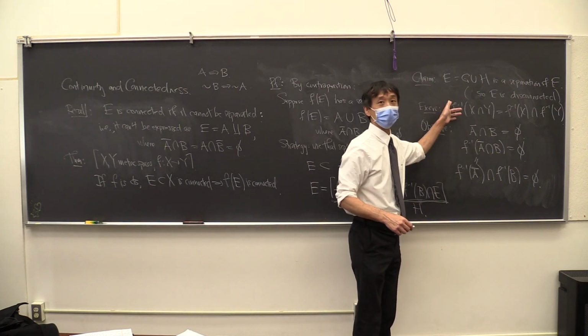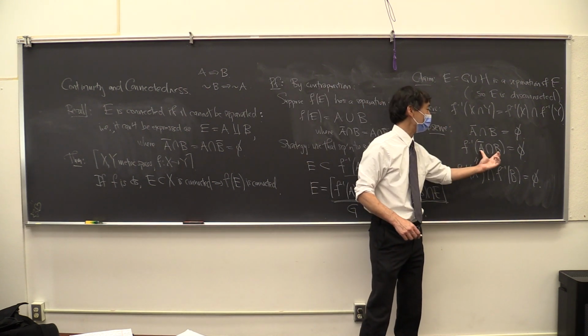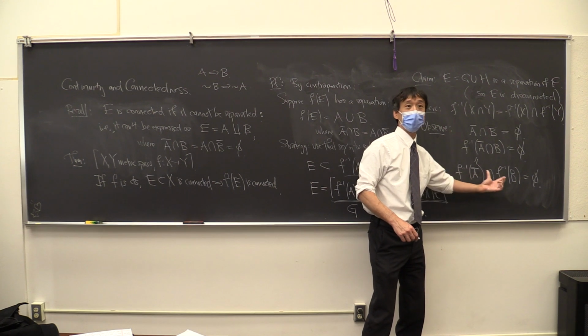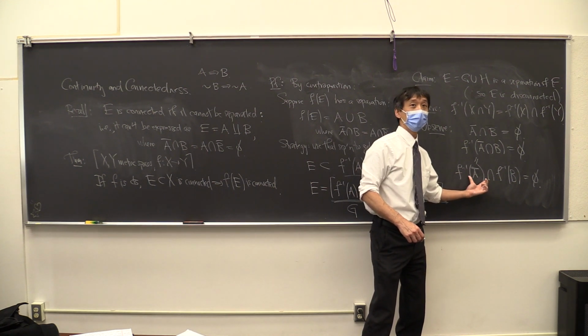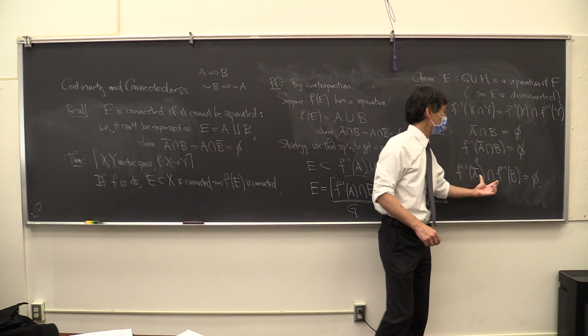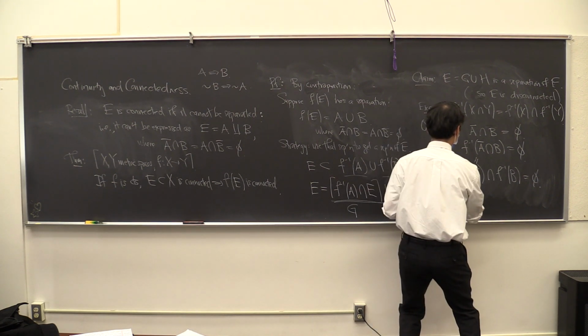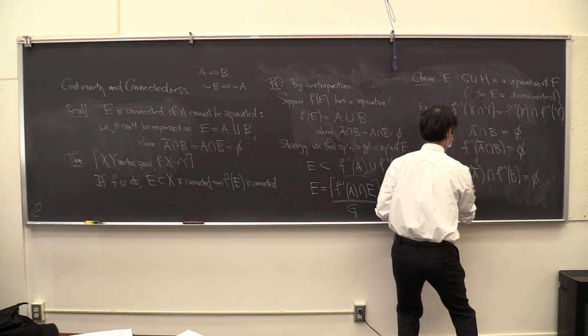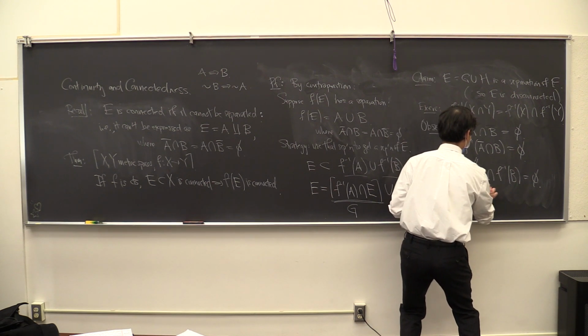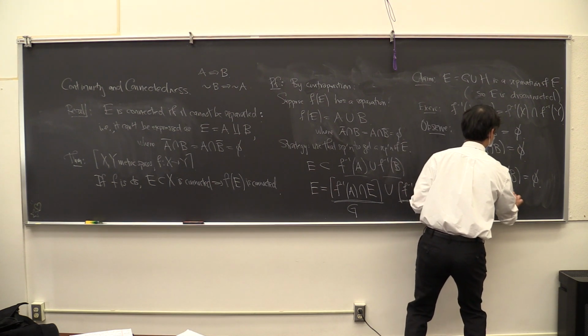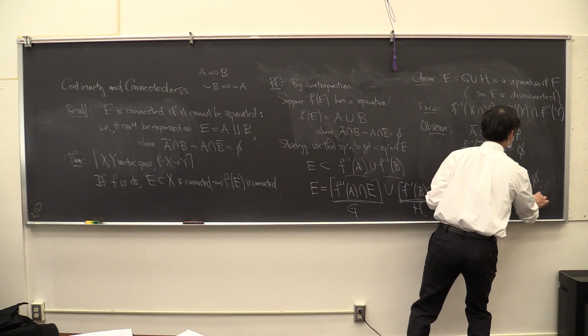I'm just using the fact that F inverse of an intersection is the intersection of the inverse images. And similarly, we have that F inverse A intersect F inverse B hat is also empty.